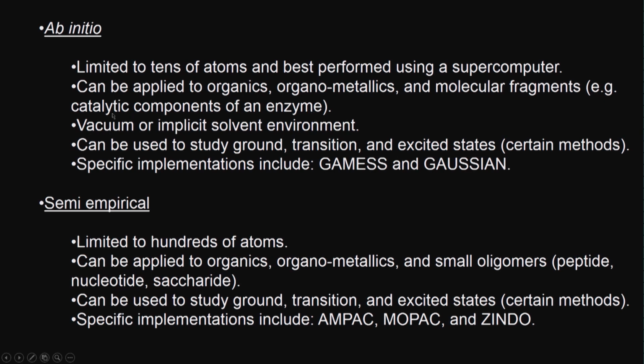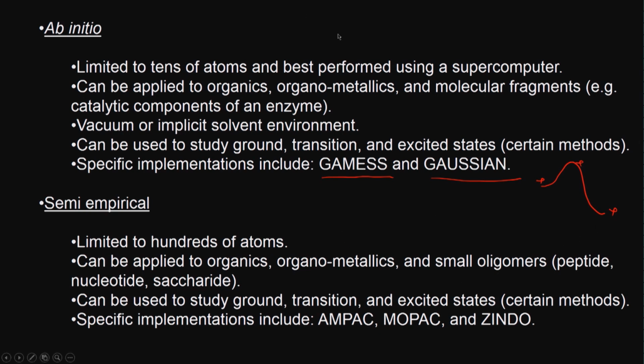We can do vacuum or implicit solvent, and study ground state, transition state, excited state. There are software packages called GAMESS, Gaussian. All these names you will come across if you look at ab initio methods. We can calculate energies at these various states very accurately using the ab initio method.